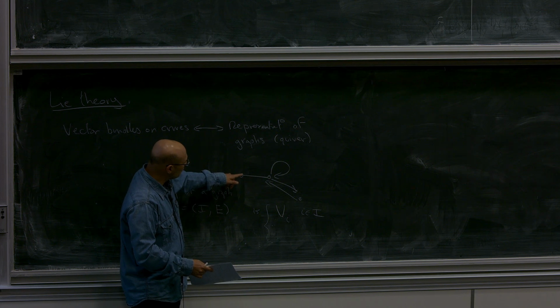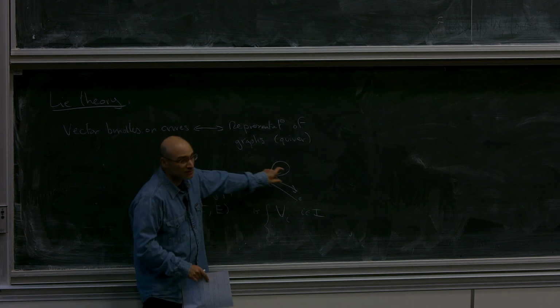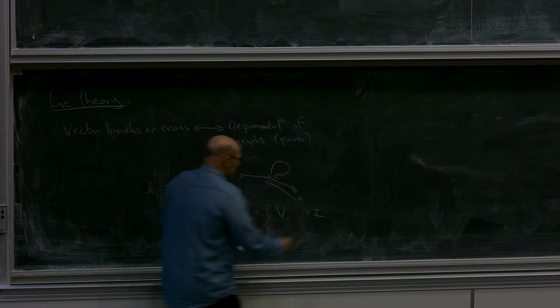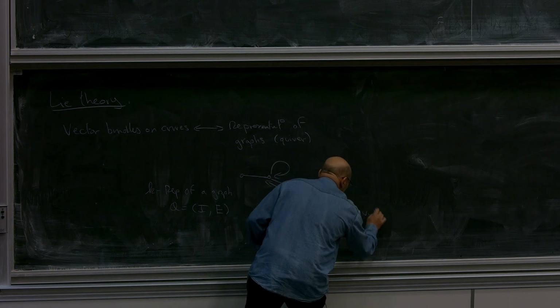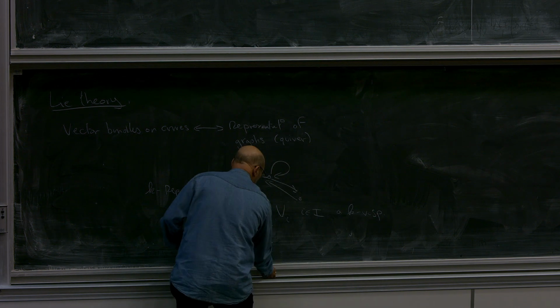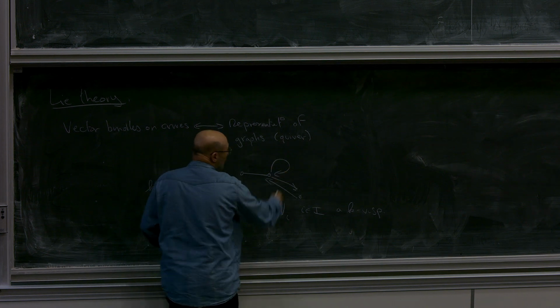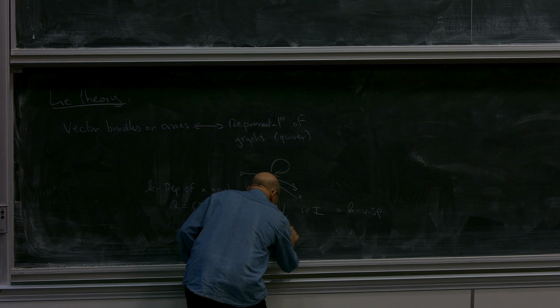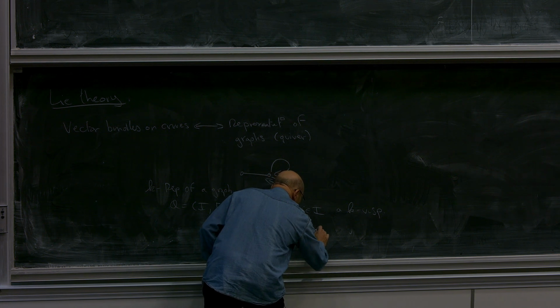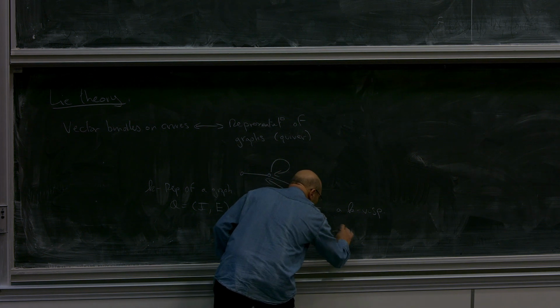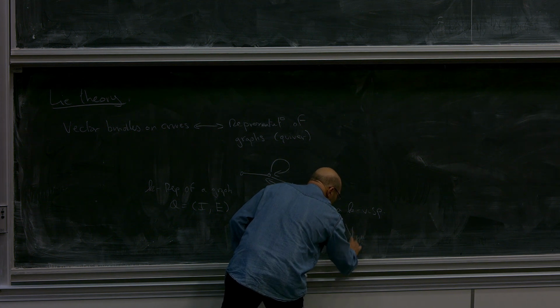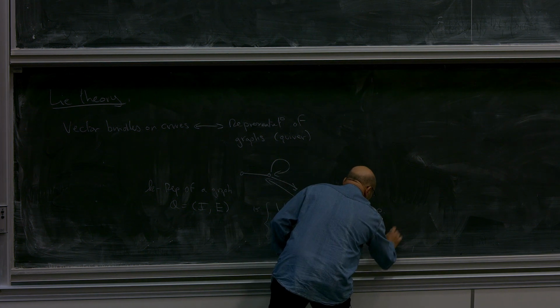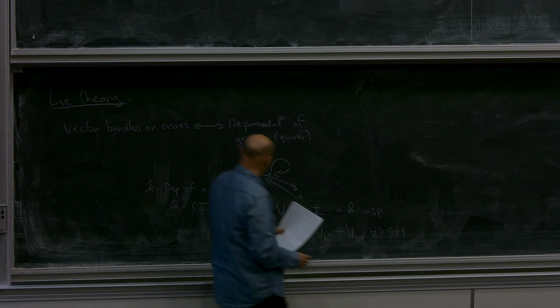So just picture a finite dimensional vector space sitting on top of each of these vertices. And then for every arrow, just a linear map. And that's it. So x_h from V_source(h) to V_target(h) for any arrow h in E.